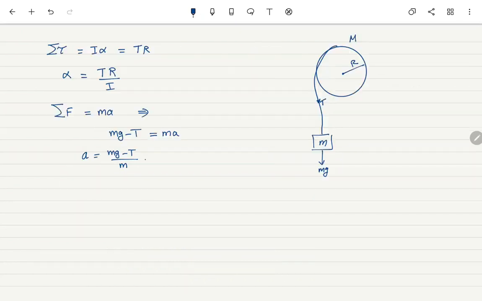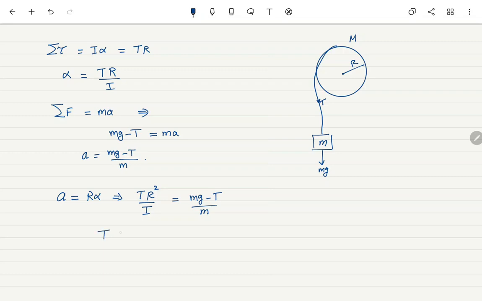Now the relation between the angular acceleration and the linear acceleration is a equal to r alpha. In this case, alpha is equal to T r over I. In other words, T r square over I is equal to mg minus tension over m.